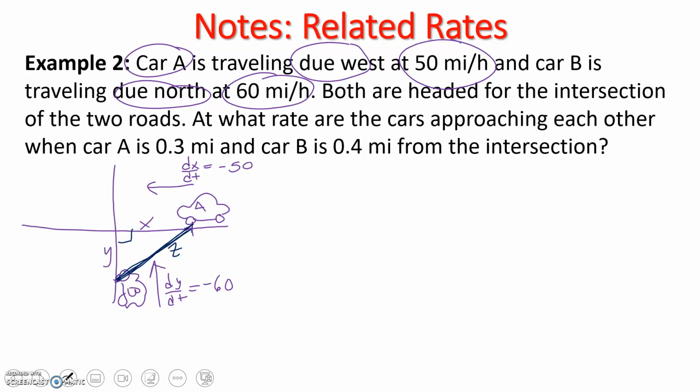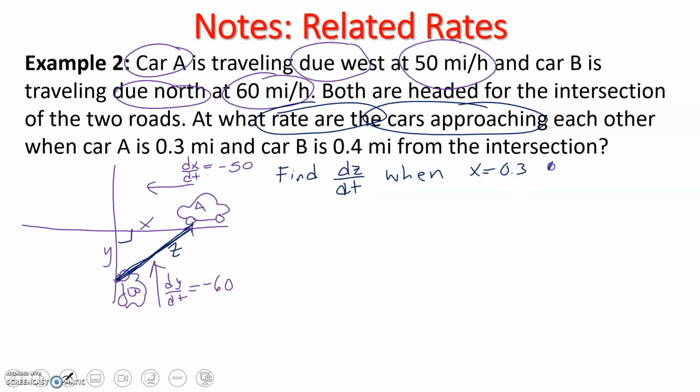We would like to find the rate at which the cars are approaching. So that is, we want to find dz/dt when x is 3/10 of a mile and y is 4/10 of a mile.